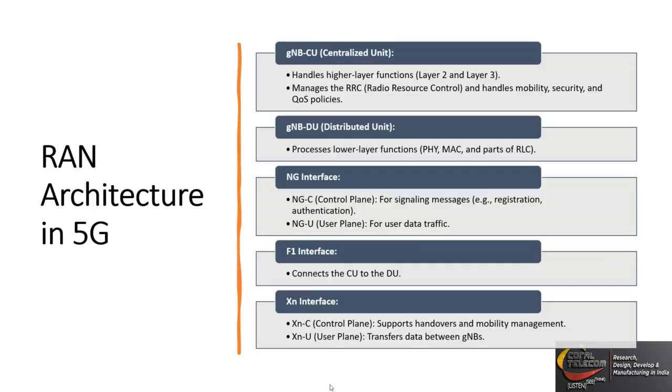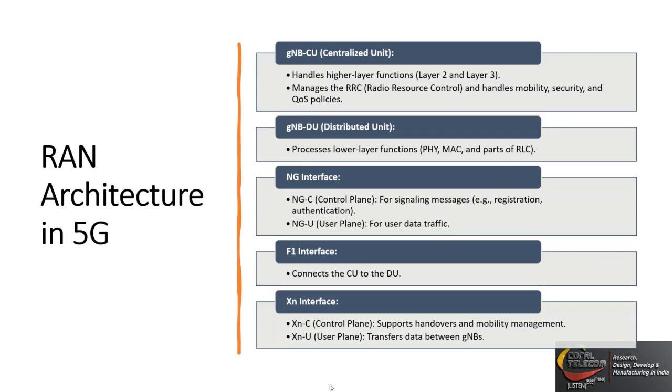So there is the gNodeB with the CU, the centralized unit. As we have discussed, the centralized unit handles higher layer functions like layer 2 and layer 3 functions, where all the RRC messages are exchanged between the UE and the radio network. Handling of all these messages and application related data is done by the centralized unit, and then it passes through to the core network.